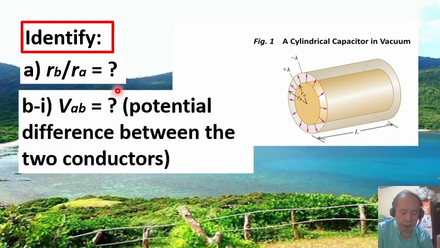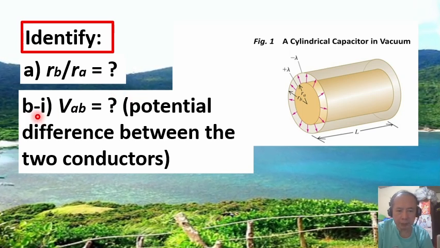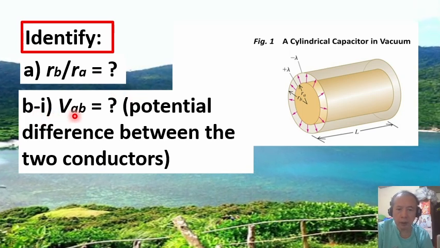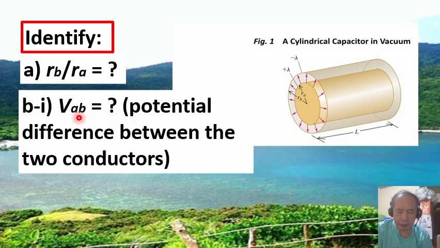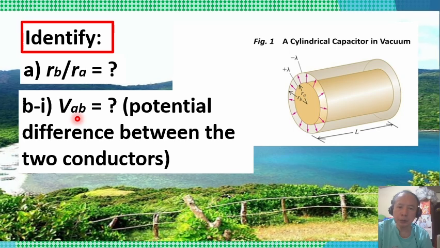In part B1, our target variable is the potential difference between the two conductors.